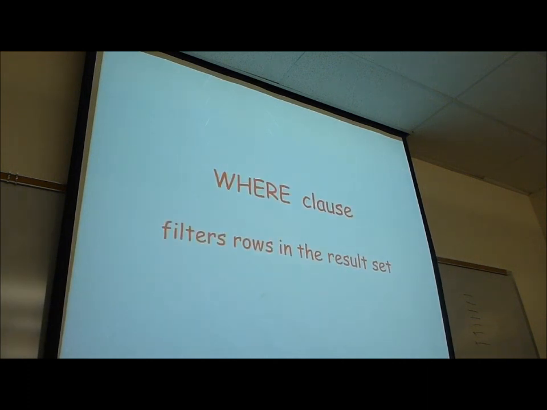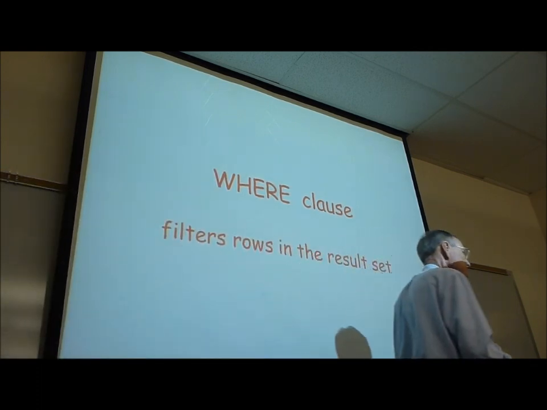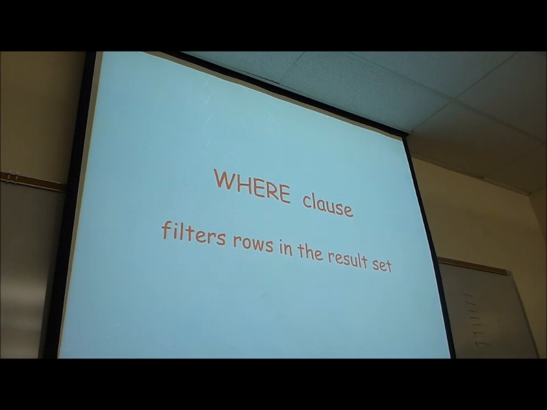Okay, the where clause. What we've been doing so far is just selecting columns, and we get all the rows. Now we'd like to filter out the rows by some criteria.